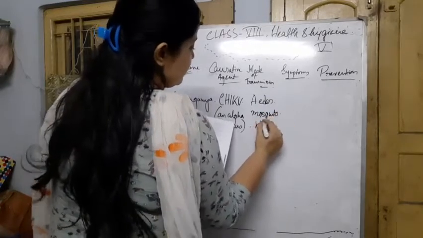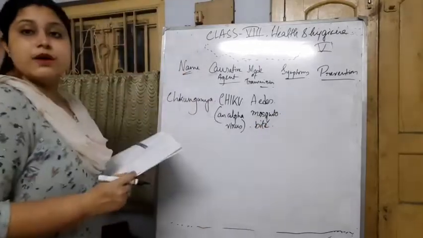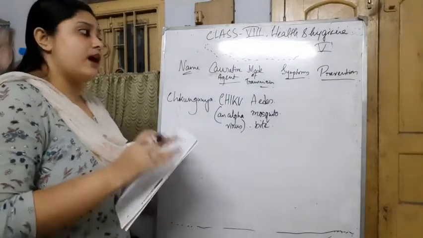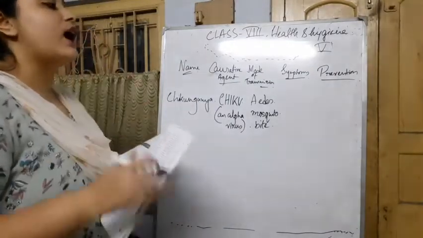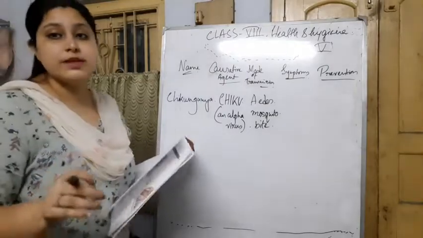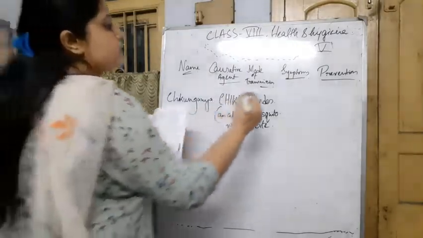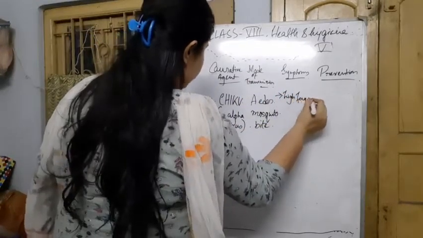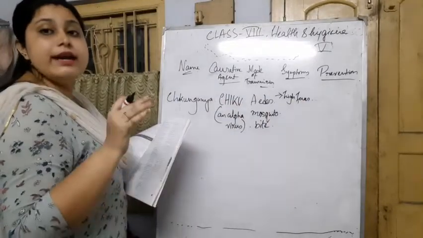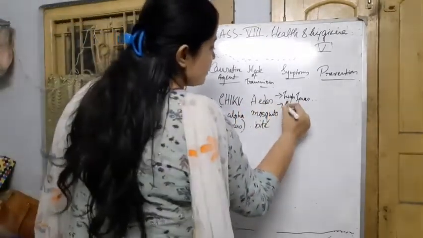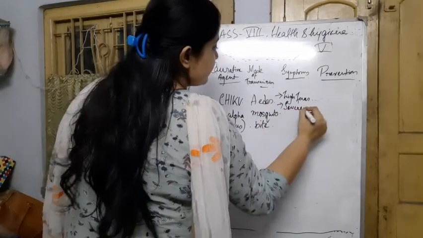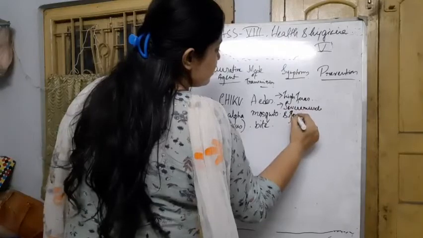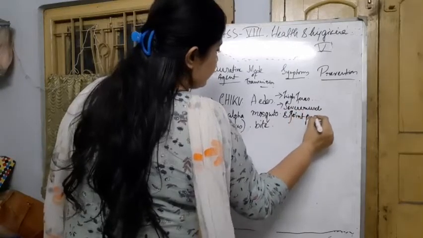Aedes mosquito bite. Okay. What are the symptoms of this disease? Firstly, high fever. It is a very common symptom of those diseases. So the first symptom is high fever with severe muscle pain and joint pain.